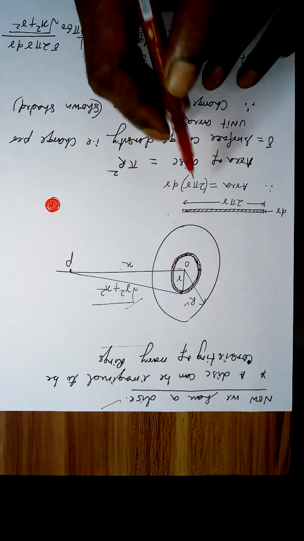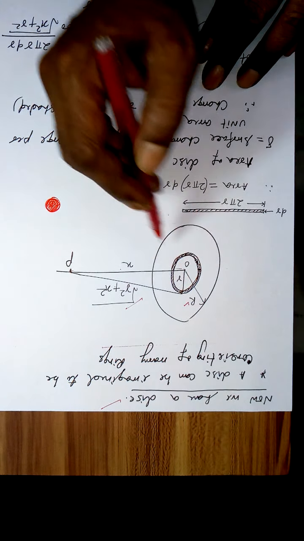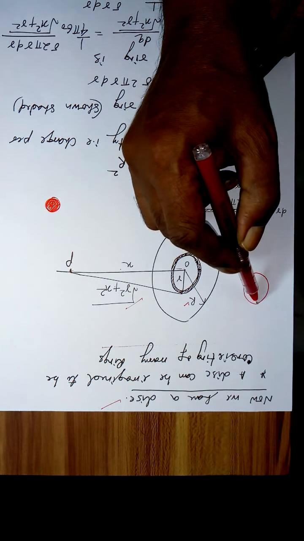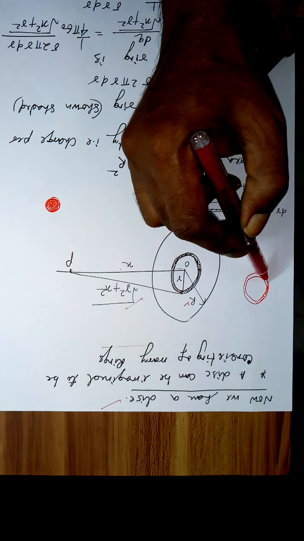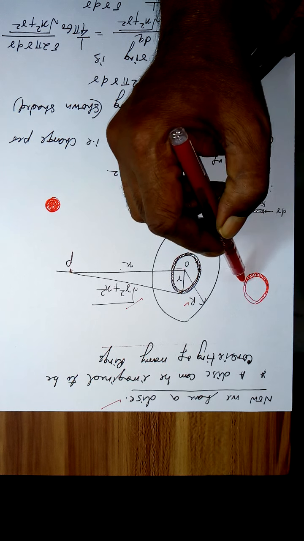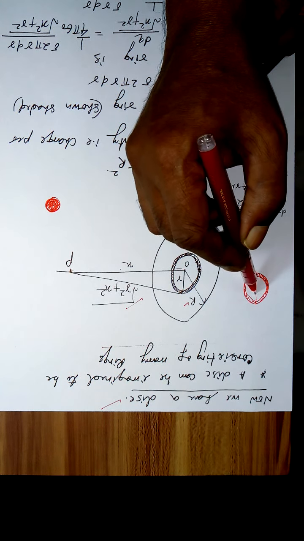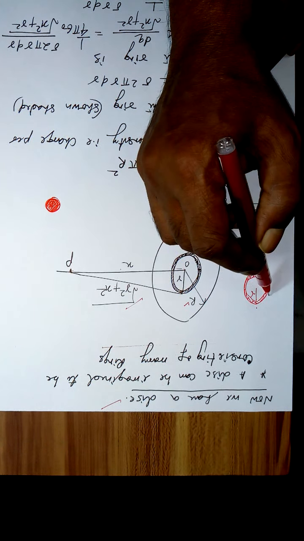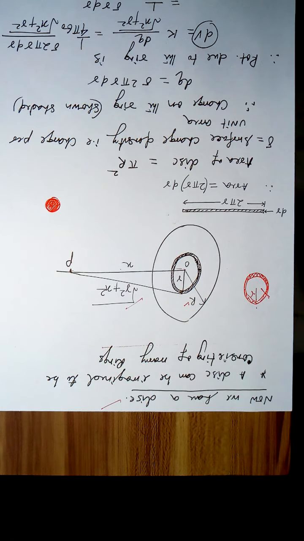Now what I do is, I take out this black part of radius r, cut it here, and stretch it.